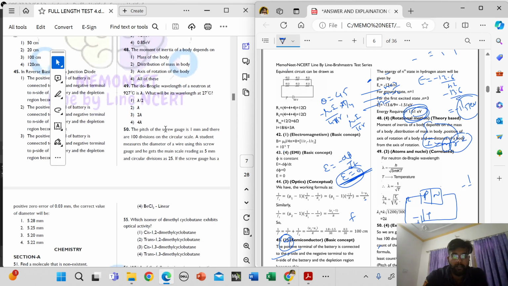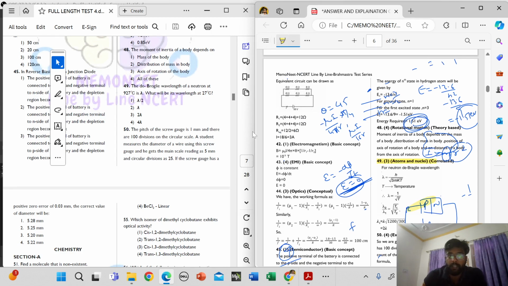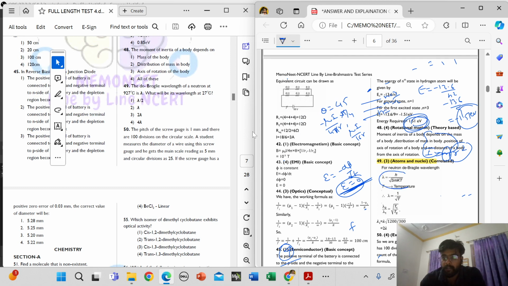The de Broglie wavelength of the neutron at 927 degrees Celsius will be greater than at 27 degrees Celsius. So we know the formula for the de Broglie wavelength of the neutron: lambda is equal to h upon root 3 mkT, where T is the temperature.